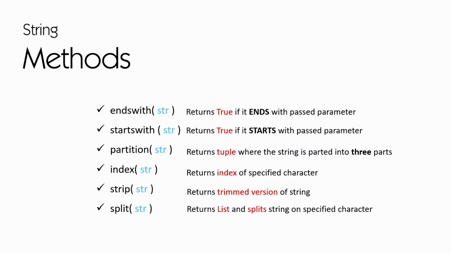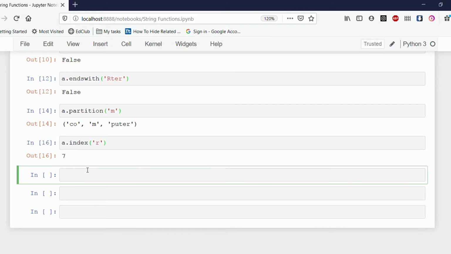Next, strip returns a trimmed version of the string. In case my string has extra spaces from the right hand side and also the left hand side, we can use this strip method. Example, hello. Now this has extra leading and trailing spaces.